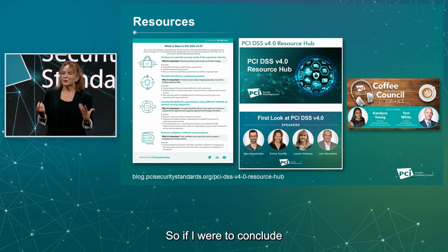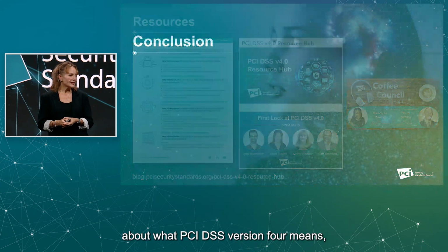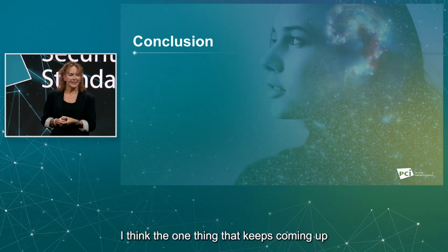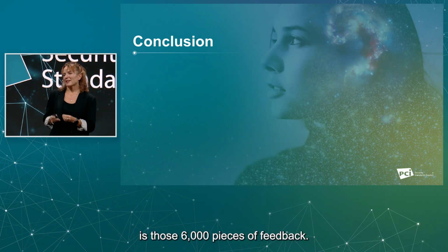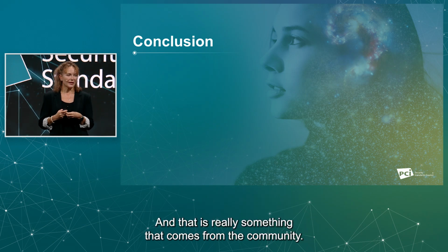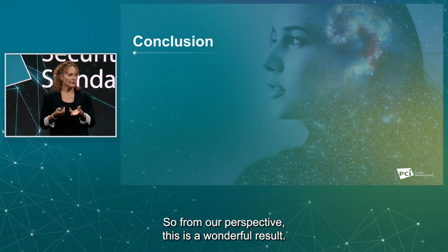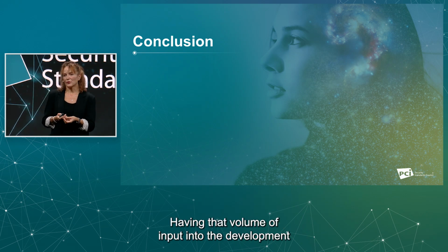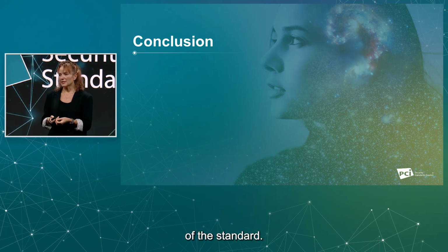So if I were to conclude about what PCI DSS version 4 means, I think the one thing that keeps coming up is those 6,000 pieces of feedback. And that is really something that comes from the community. So from our perspective, this is a wonderful result, having that volume of input into the development of this standard.